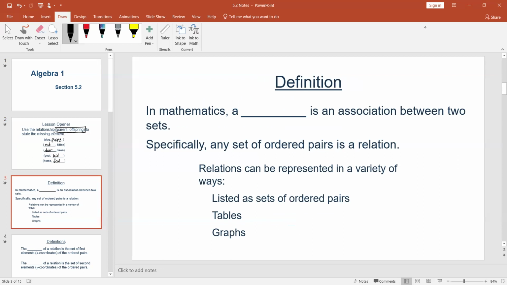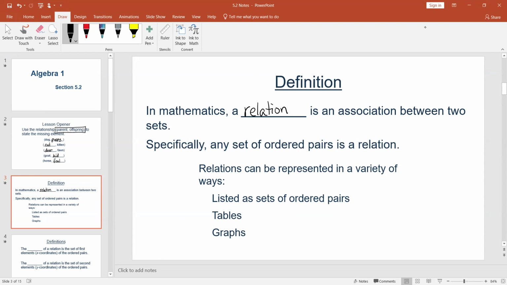All right, so in mathematics, there's lots of definitions for relations. We think of that as maybe relatives, family, community, the connection between things. But in mathematics specifically, we use the word relation to define an association between two sets. You can think of these as sets of numbers. Specifically, any set of ordered pairs is a relation.